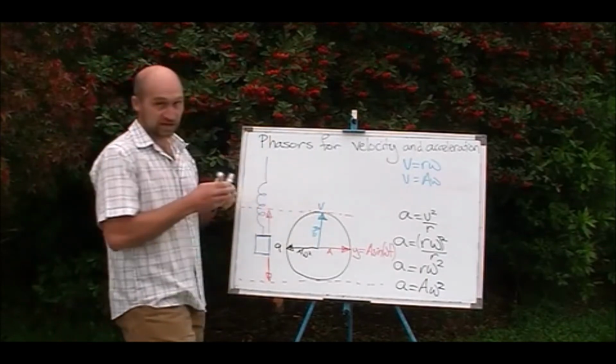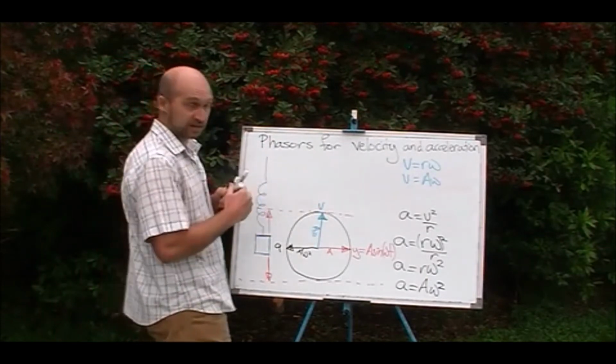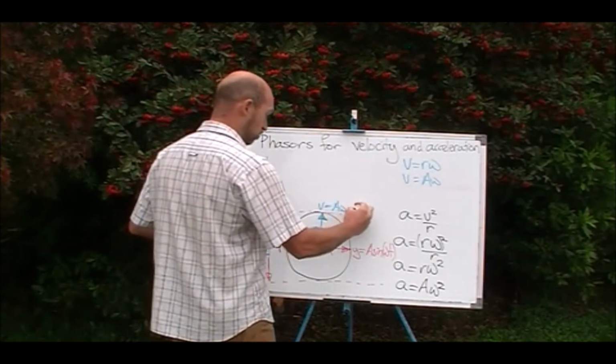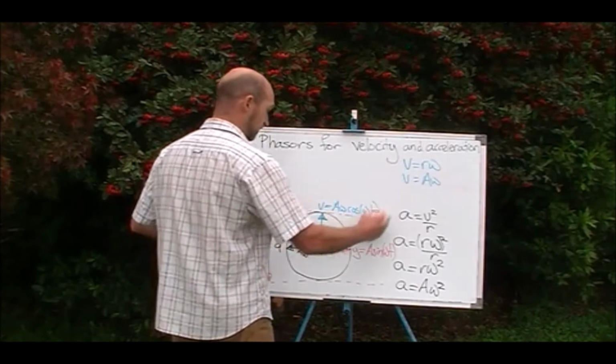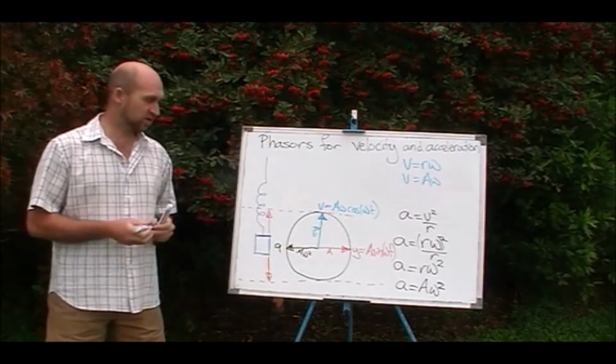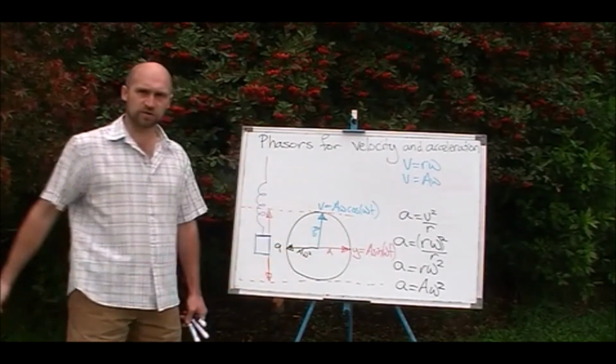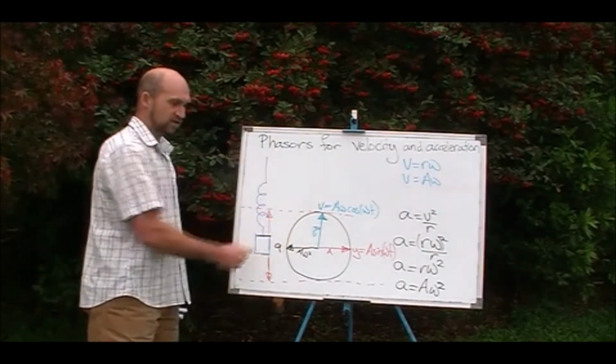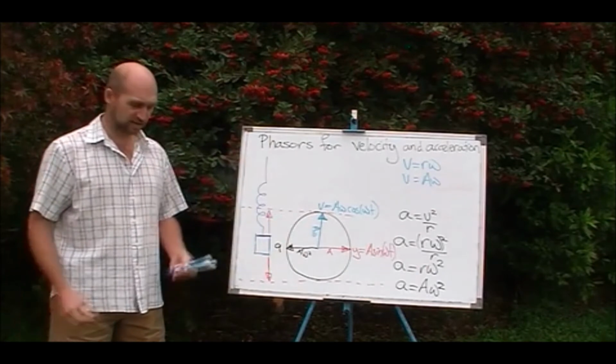The velocity we frequently see written as A omega cos omega t, and that makes sense because the cos graph starts from maximum value and descends to 0 after 90 degrees, which is exactly what that's going to do.